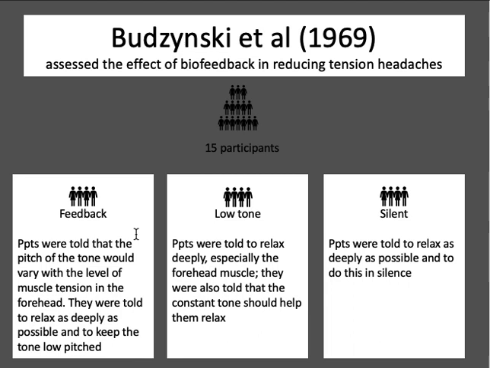So they are told to relax as deeply as possible in their muscle at that part, the frontalis, and to keep the tone low pitch. So the goal is to keep the audio lower, to a lower tone. That's feedback.